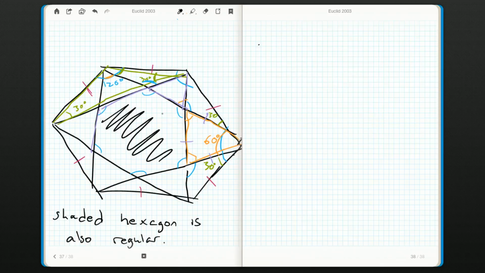Trying to see, is there a quicker way than working out a bunch of angles? Because I could probably get the red length, the side length of the big hexagon. Sure. And then from there, we could probably use the sine law to get the purple length. Yeah.